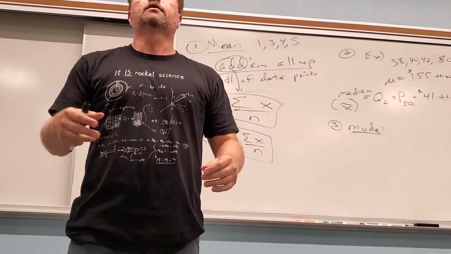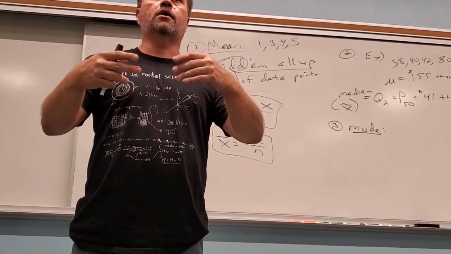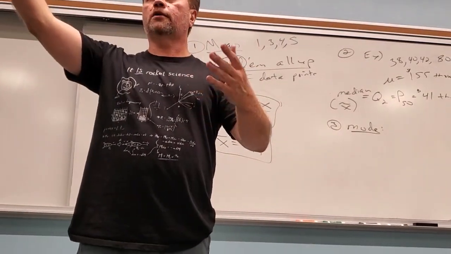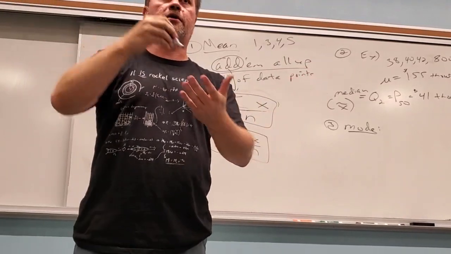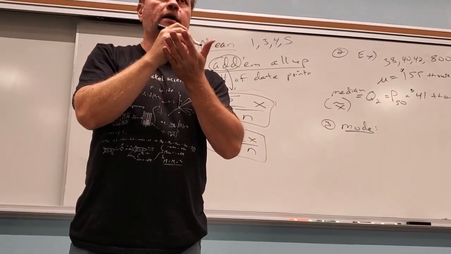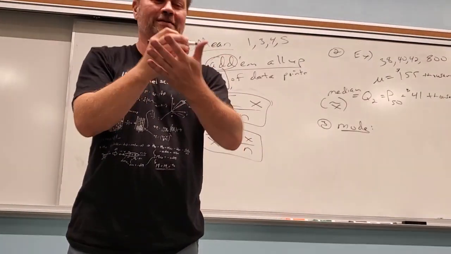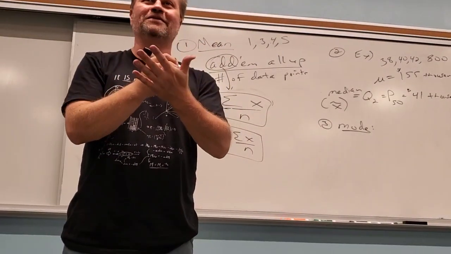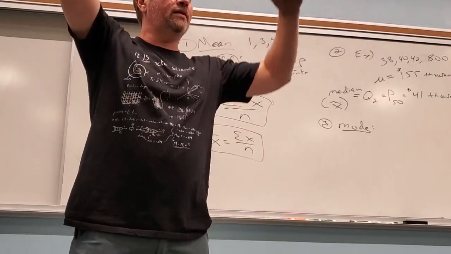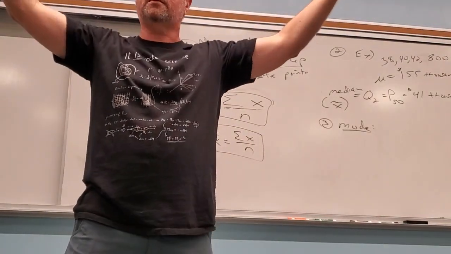Anyway. So it works for qualitative data. It's whatever occurs the most. So if I go out there and I see 80 Fords and 20 Pintos, 20 whatever, I don't know, then Ford might be the modal class. It might be the one that occurs the most.